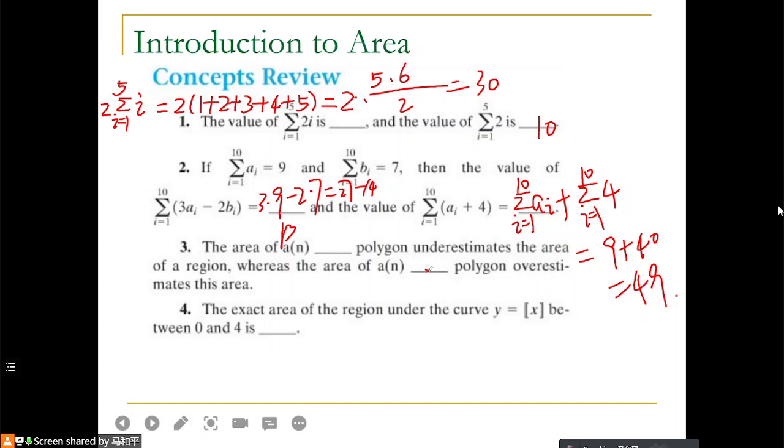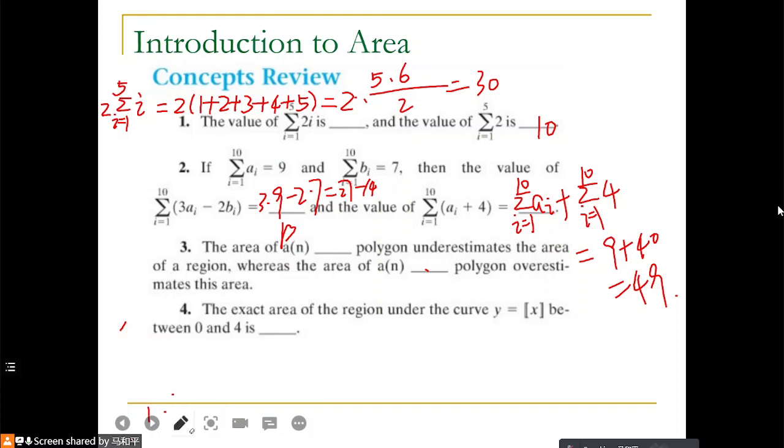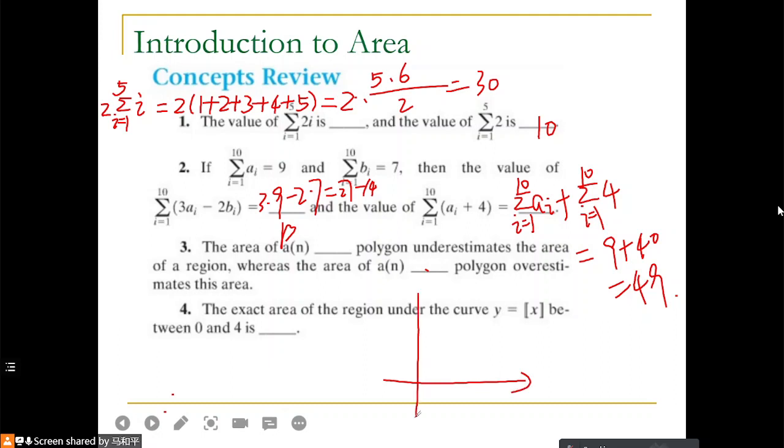Maybe I'll give you a little time to think about the last one. To remember the curve of this greatest integer function: 0, this is 4, this is 1, 2, 3.